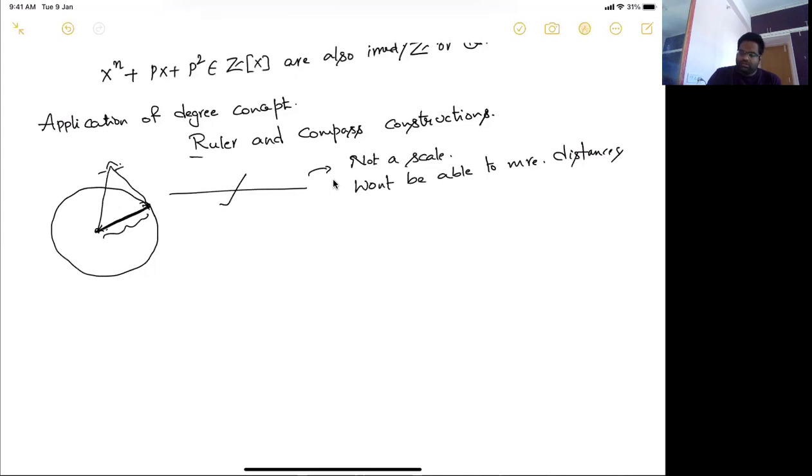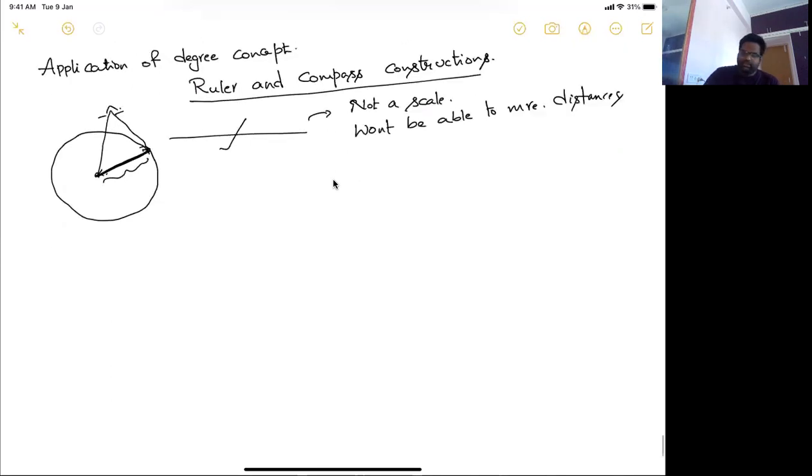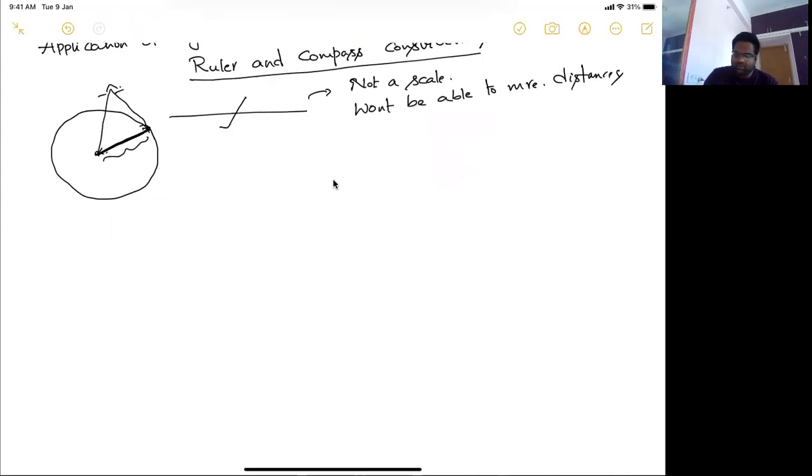We know how to, for example, in high school geometry, we learned how to bisect a straight line. Suppose we are given a straight line, and you are asked to bisect it. That means you want to find a point on the straight line such that the distance from here is equal to the distance to here.